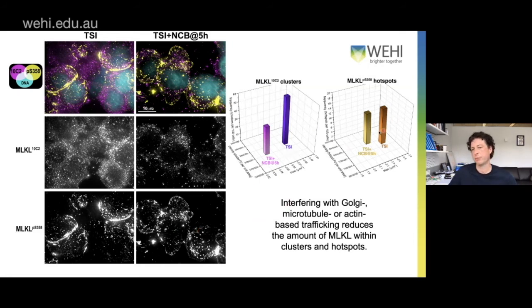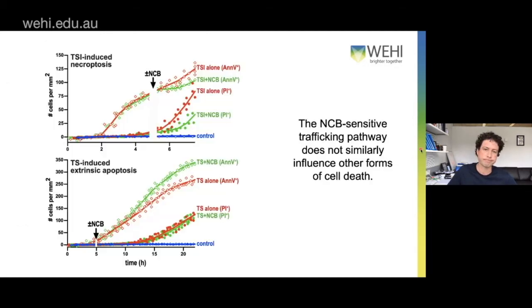And numerically, it reduces the amount of MLKL that leaves as clusters and as hotspots. So these trafficking pathways are selectively used in necroptosis to affect the membrane, as selective as inhibiting Golgi, actin, and microtubules can be. And so this is the data that speaks to that.